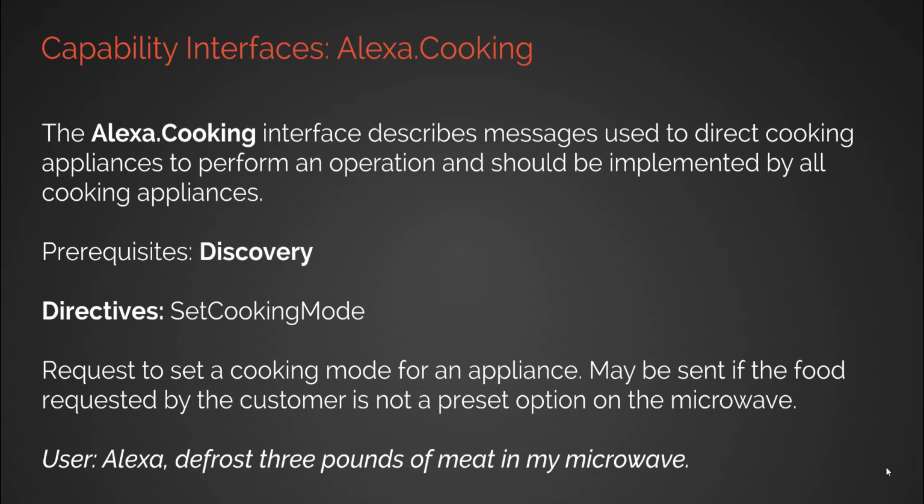Now she would take that request and she would essentially communicate with that microwave, assuming that it has been discovered, and she would send the directive or the instruction and the message which contains the cooking code that would essentially tell the microwave that you want to defrost 3 pounds of meat within that microwave, for that duration. And that would be essentially how she would discover that.